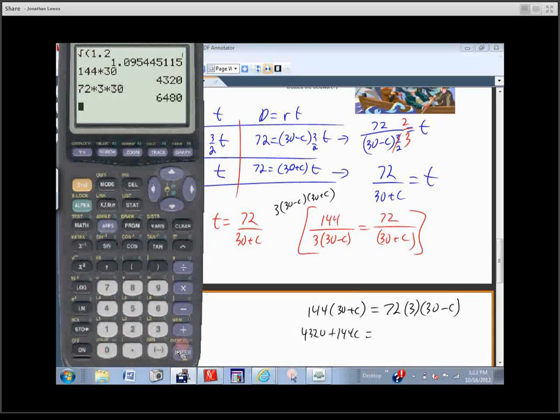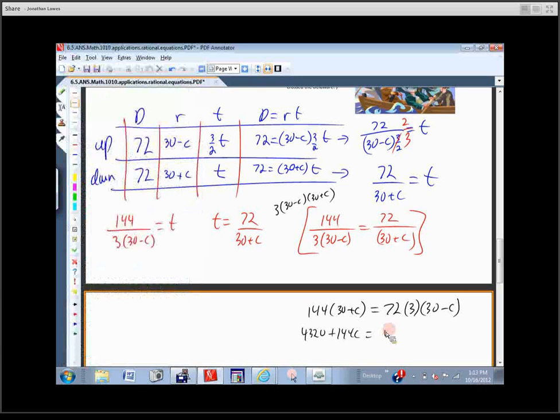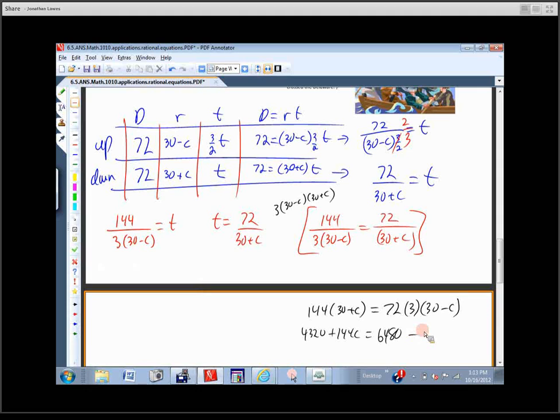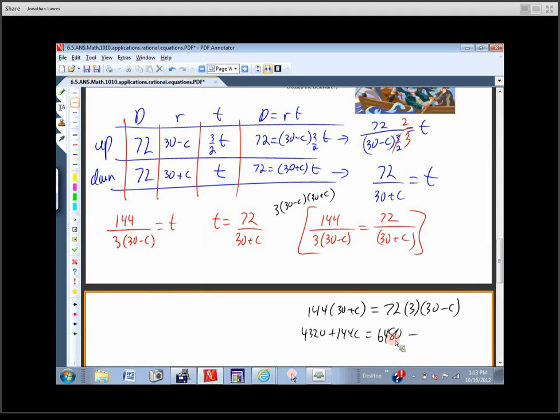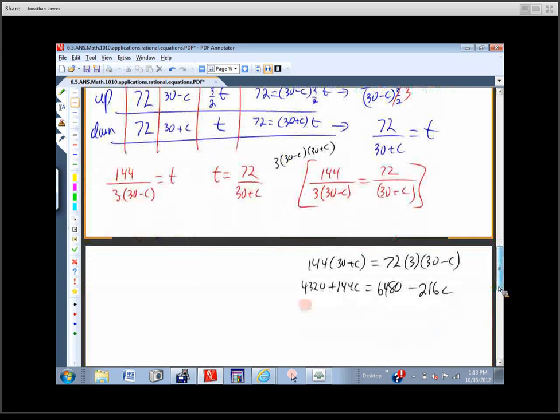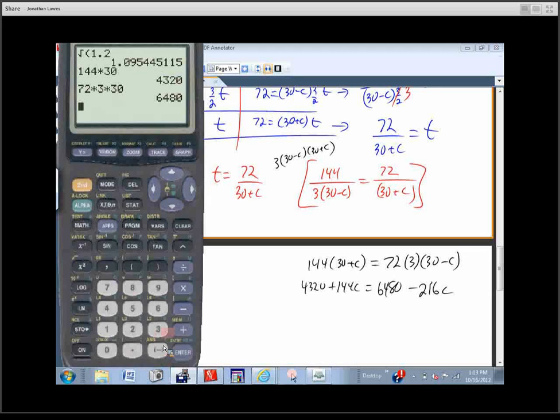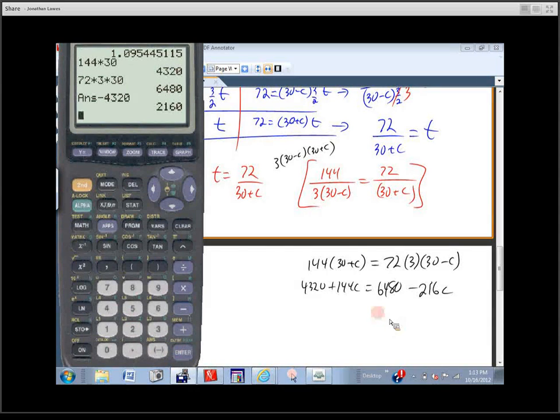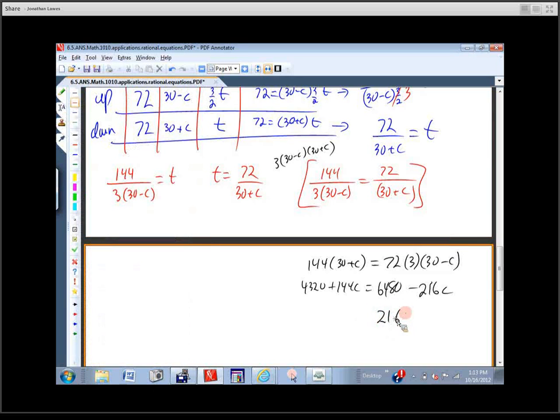Does that have to be a whole number? Not always. 6480, right? And then this is going to be minus, what is that? Is that 216? 216c. So if I move these over, I've got, let's see, minus 4320, 2160.